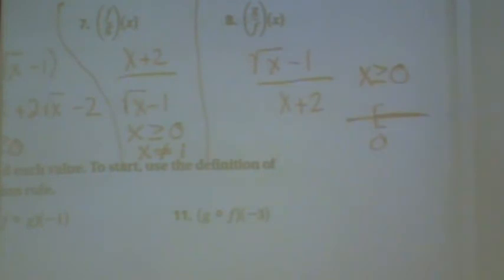But negative 2 can't also be in the domain, but it's not, because greater than or equal to 0 are these numbers, and negative 2 is not in that solution. So this is your domain, x is greater than or equal to 0.